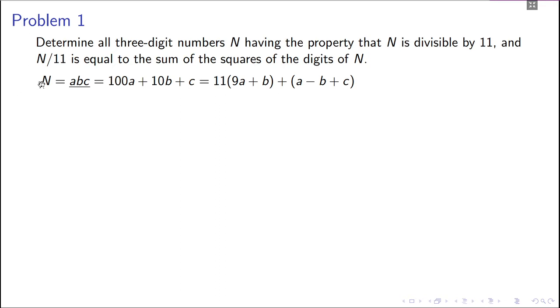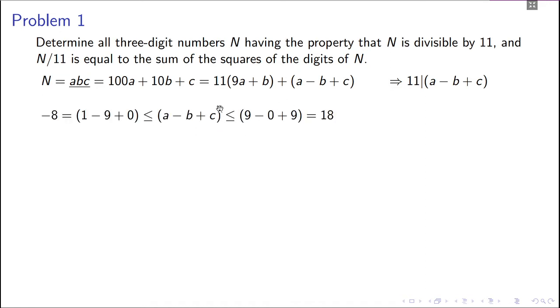So if 11 divides n, then 11 divides this. If you look at the minimum and maximum values of this, the minimum can go to -8 and the maximum can be 18. The minimum will be when you keep these small and make b large, so that will be 1 minus 9 plus 0.